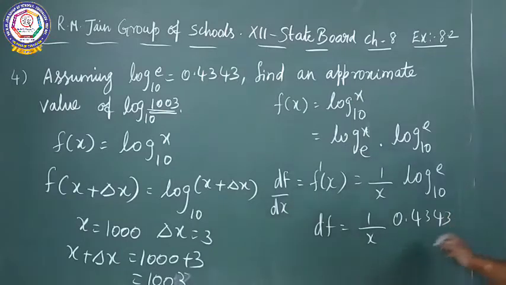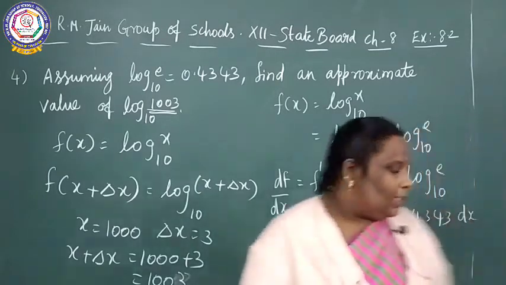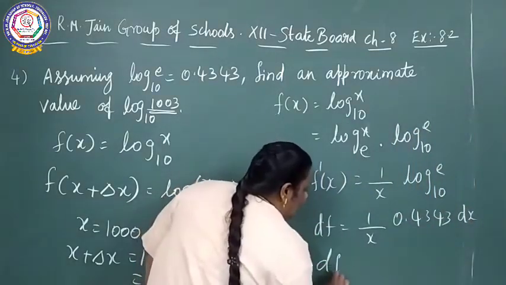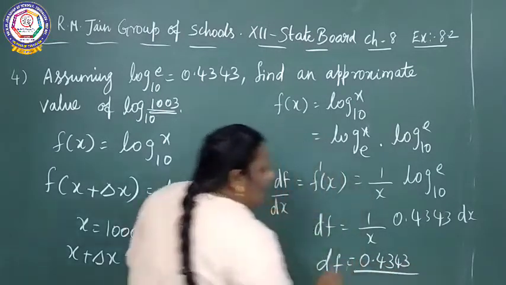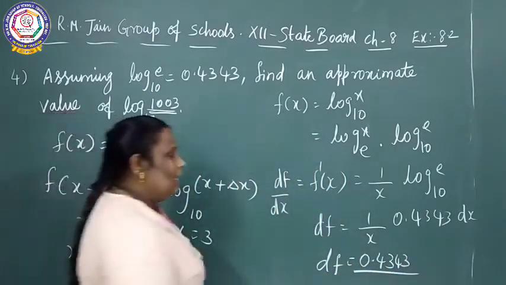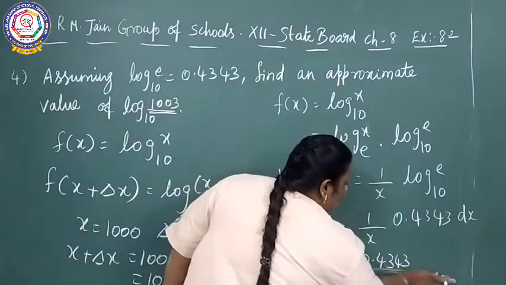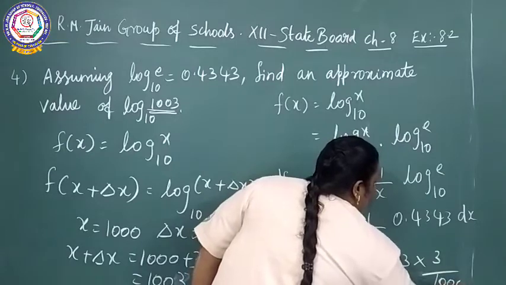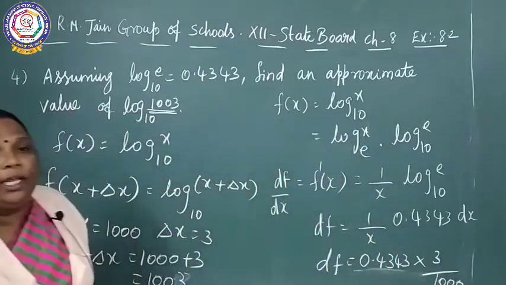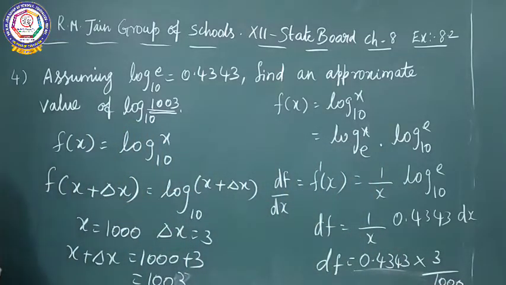0.4343 into that dx, you can bring it to this side. Okay, you can substitute all the values here. For df equal to 0.4343 by x value, into dx by x, into 3 by 1000.